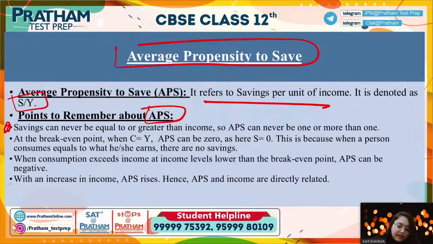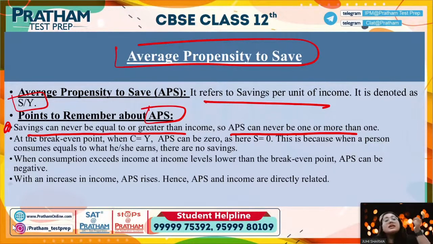So APS can never be one or more than one. आपका कभी भी जो APS होगा वो 1 नहीं होगा, 1 से ज्यादा नहीं होगा. It will always be less than income, right?